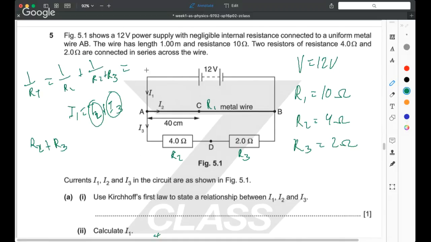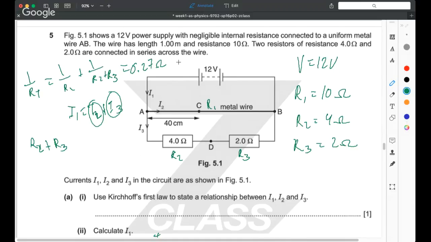So it's one over 10, and one over 6, right? So the total resistance is 0.27.